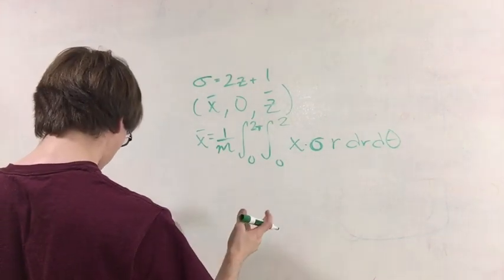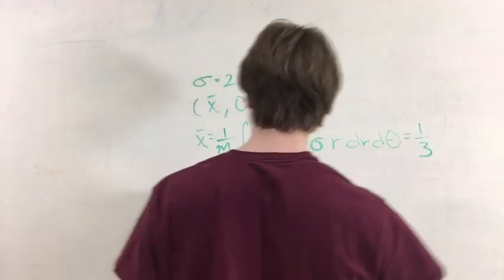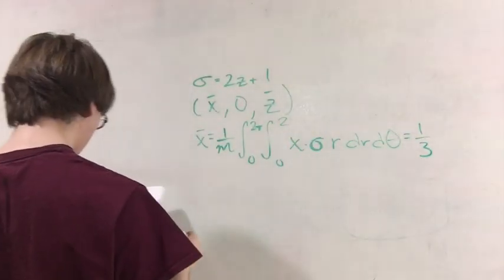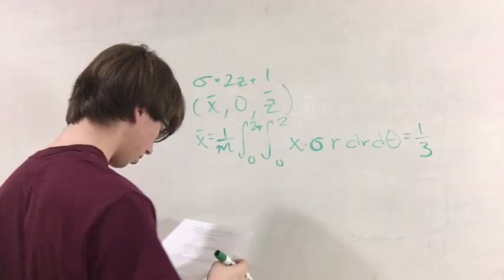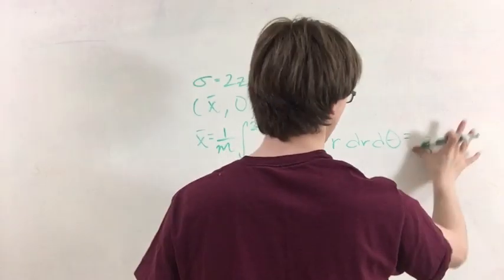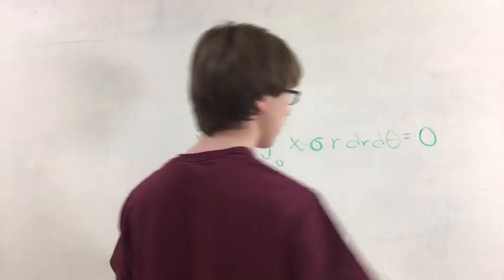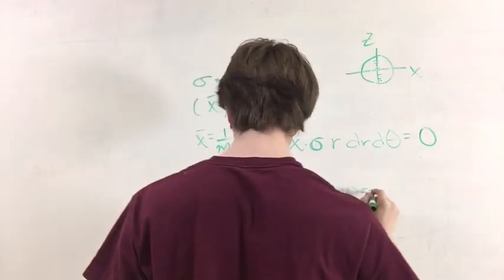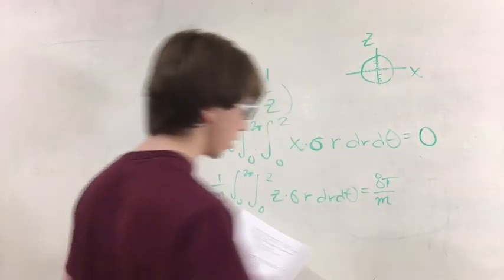Then, when we solve for that, we end up with 1/3 because m is equal to, this results in 0. When you plug the things in, you get 8 pi over m.